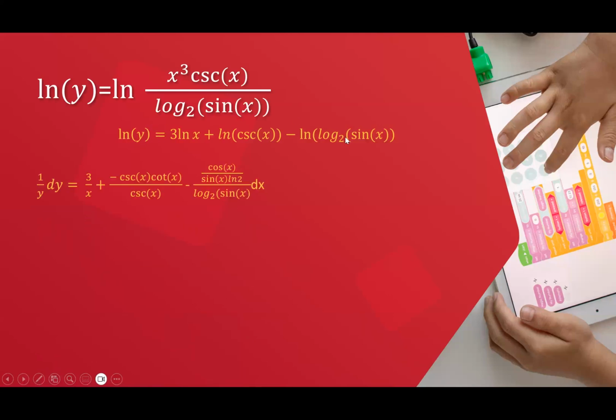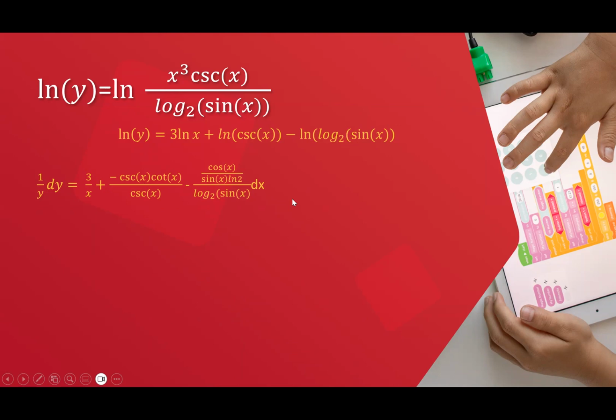So we took the natural log of both sides. Now we took the derivative: 3 over x, plus the derivative of the natural log of cosecant, which would be negative cosecant x cotangent x all over cosecant x. We see they'll cancel at some point. And then this will be our denominator, which is right here, times the derivative of this, cosine x over sine x natural log of 2.